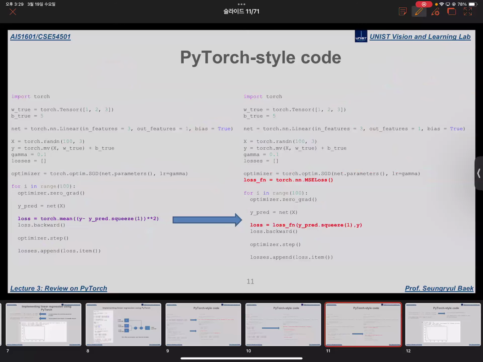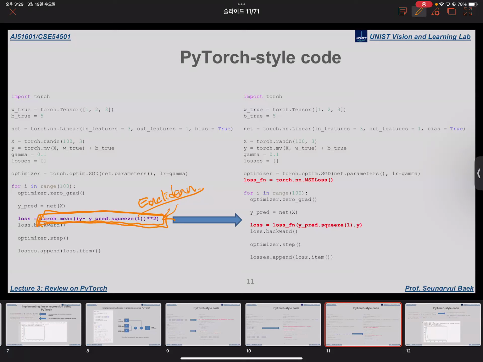And another thing remained is, for calculating the loss function, of course, this Euclidean distance between the ground truth and prediction is frequently used, but there are a lot of other loss functions that can calculate the distance between prediction and ground truth, okay? So when implementing deep learning training, we frequently replace this with another function, okay?